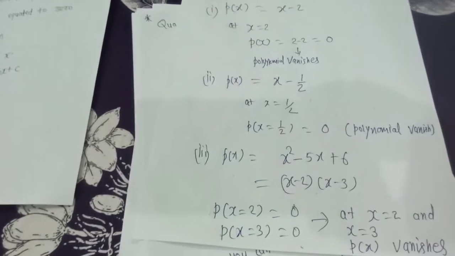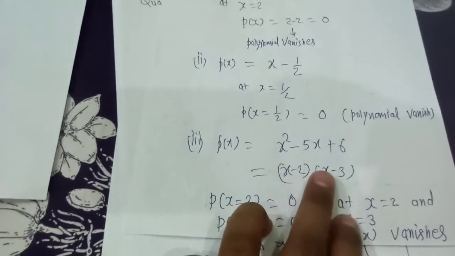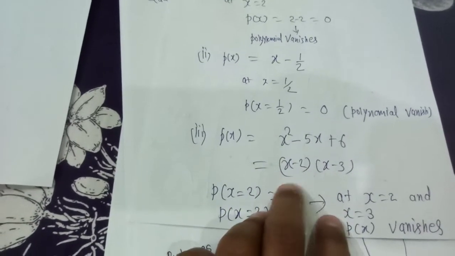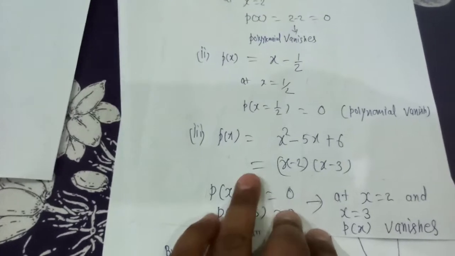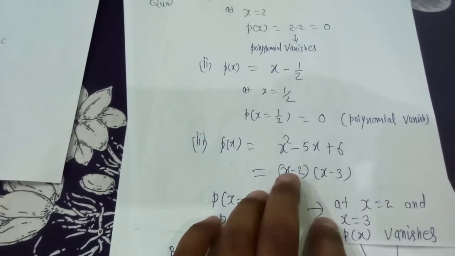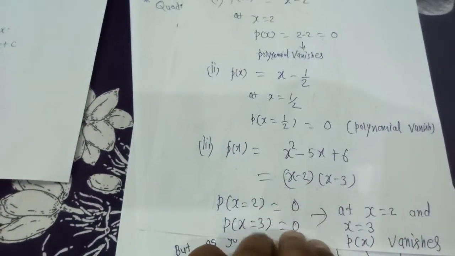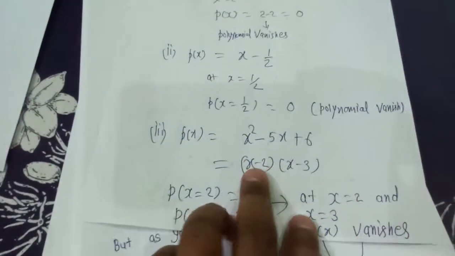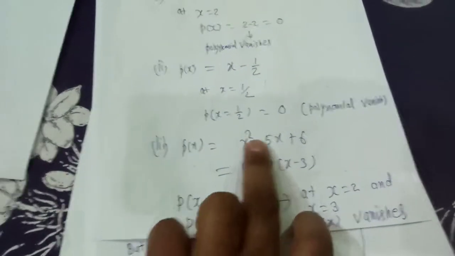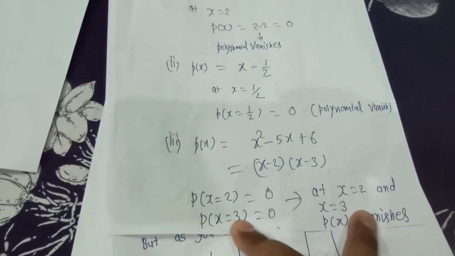And if we equate this quadratic expression to 0, then we will get x equals 2 or x equals 3, which means at x equals 2 this will be 0, and at x equals 3 this will be 0. So we have here 2 zeros, x equals 2 and x equals 3. At both of these points, this polynomial vanishes. So it has 2 zeros.